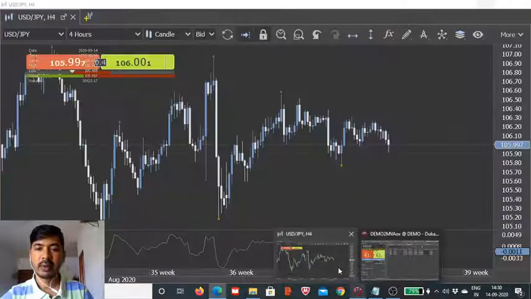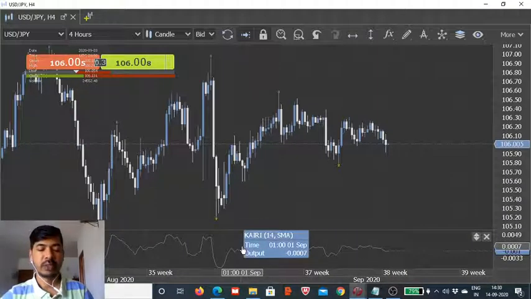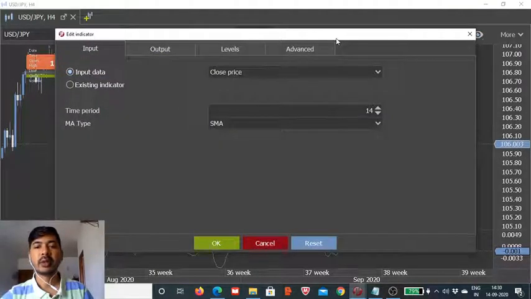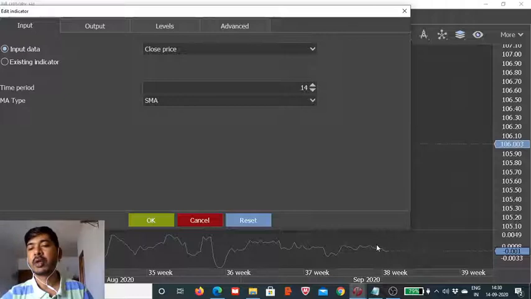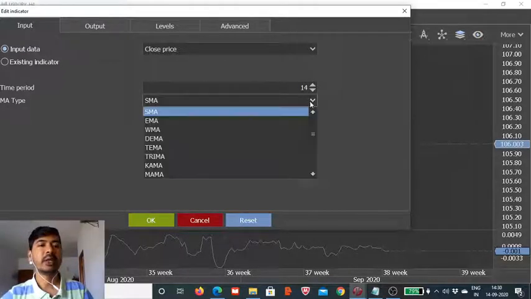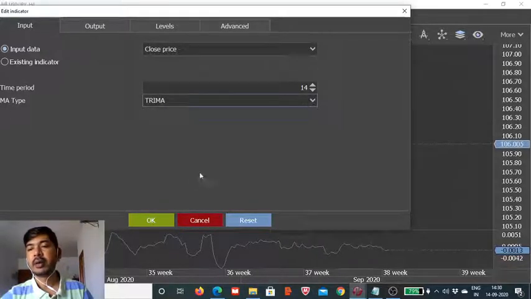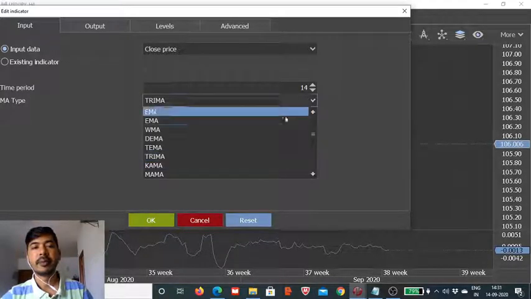So here I will explain the change on the chart also. Now watch out for the output value. As I change the moving average, we will see slight deviation happening. Okay, you might have observed the value has jumped slightly on the higher side.